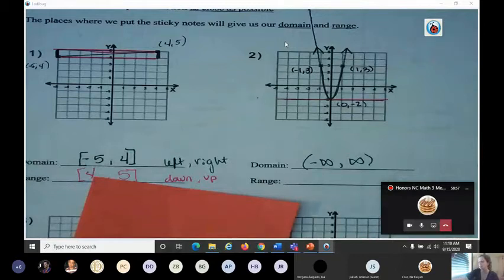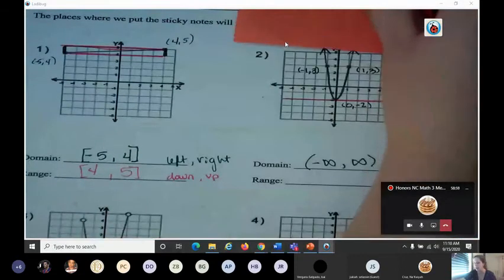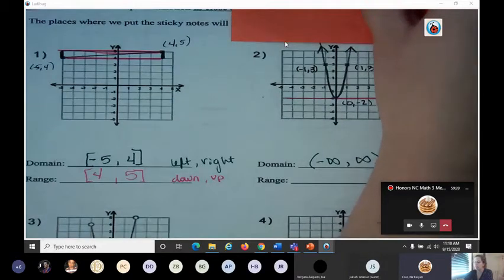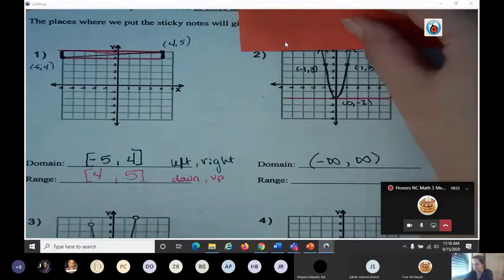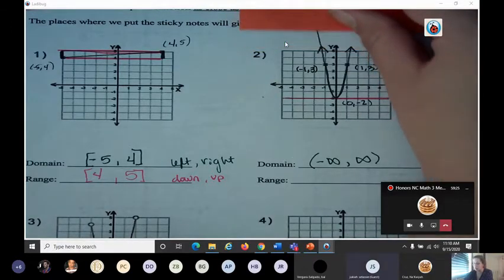Now, can I stick a sticky note up here anywhere without covering the function? Jukaya? Wait, what'd you say? Can my sticky note be anywhere up here and also not cover the function? Yeah.